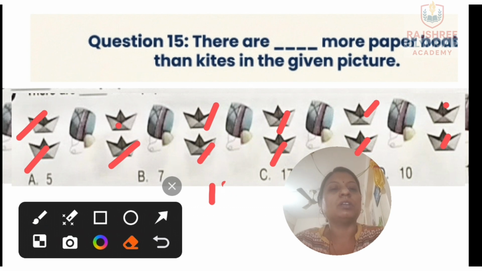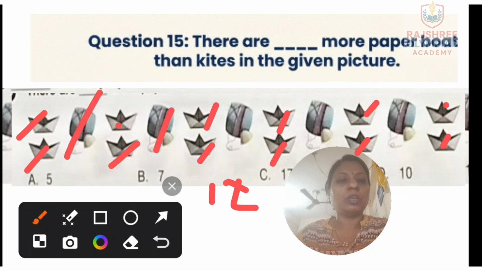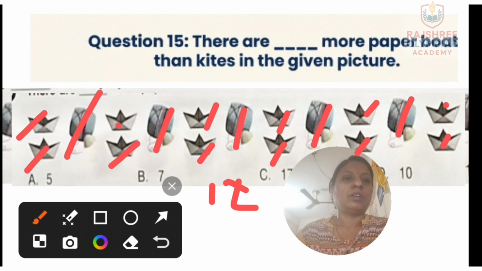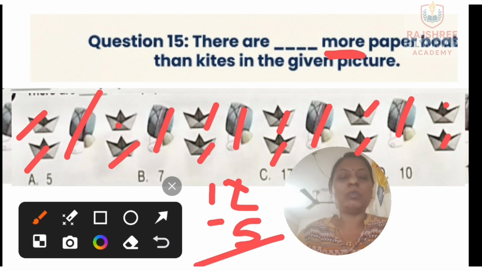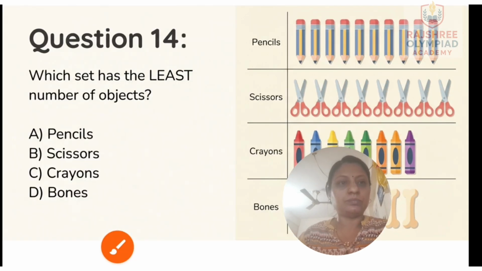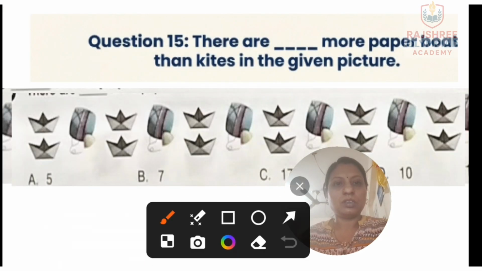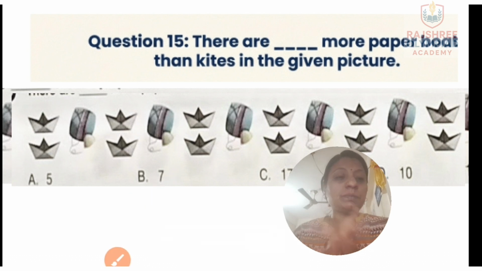Boats are 12 and kites are 1, 2, 3, 4 and 5. How many? 5. We want to know how many more. This is the keyword, more. So here we have to subtract 12 minus 5. 12 minus 5 is how much? 7. So our answer is B, 7. In the next video I will explain the remaining part.